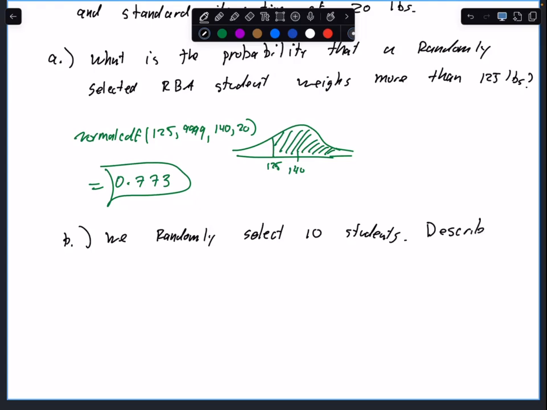Describe the sampling distribution of sample mean weights.